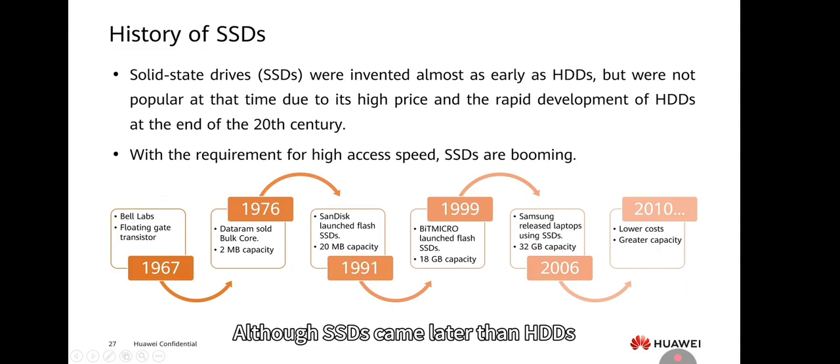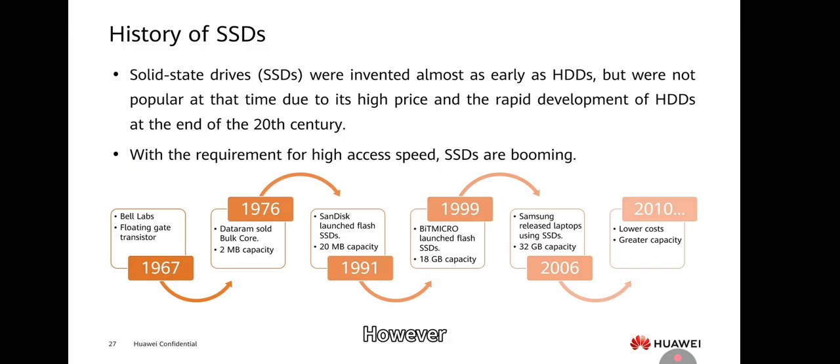Although SSDs came later than HDDs, there were actually preliminary prototypes of SSDs as early as the 1970s. However, at the end of the 20th century, HDDs gained significant advantages in terms of cost and capacity, leading to SSDs being temporarily marginalized by the market.